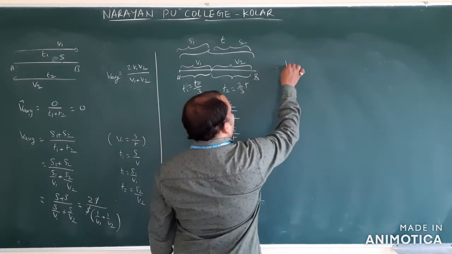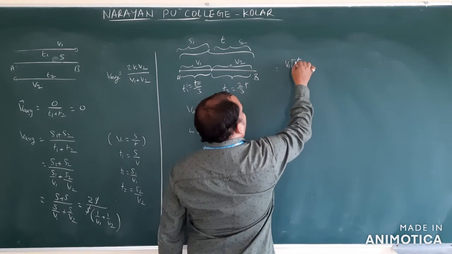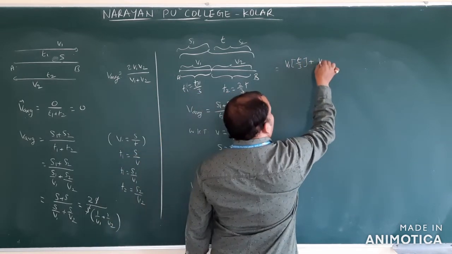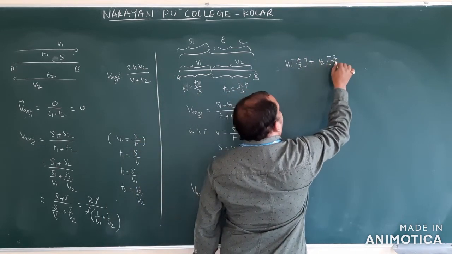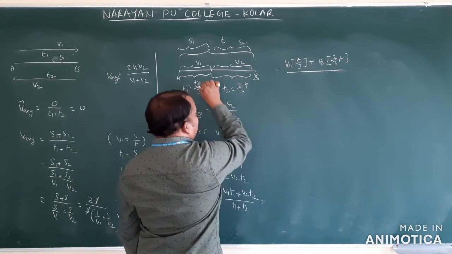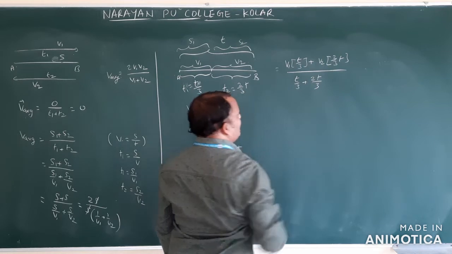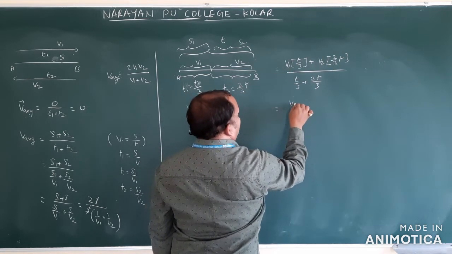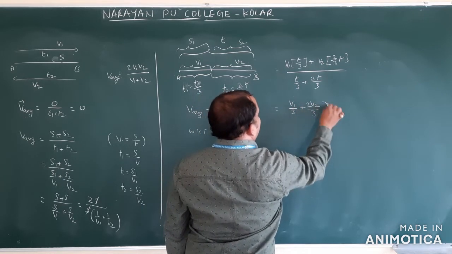Therefore, V1 into T1 is T by 3, plus V2 into T2 is 2T by 3, by T1 plus T2, which is T by 3 plus 2T by 3. What you got here? V1 T by 3 plus 2V2 T by 3.